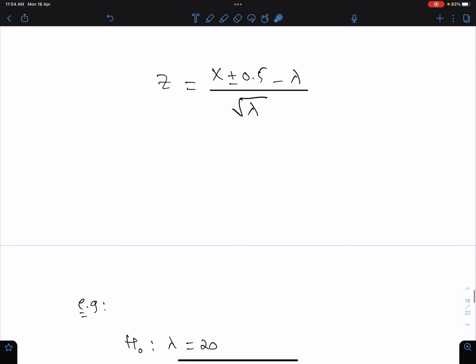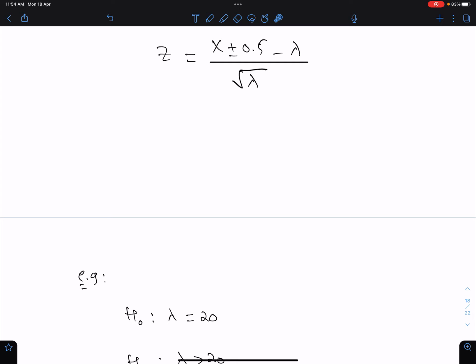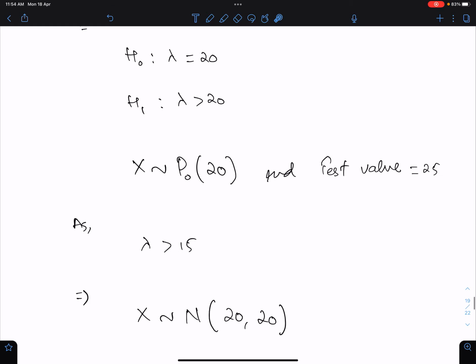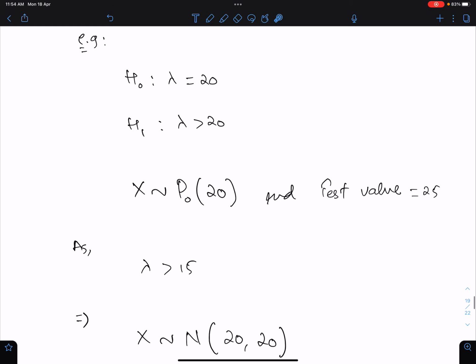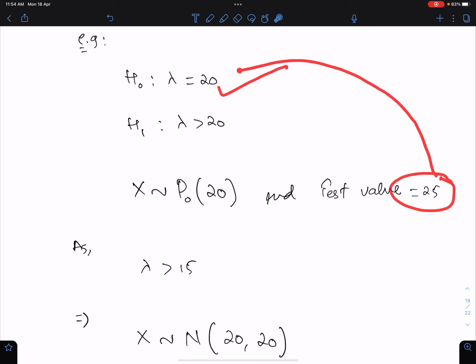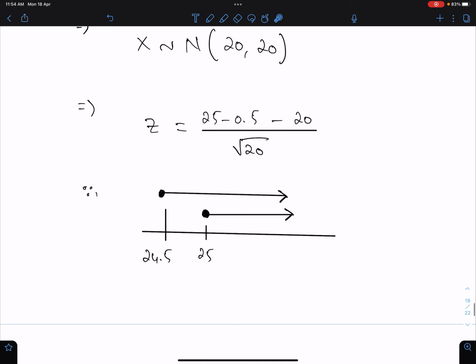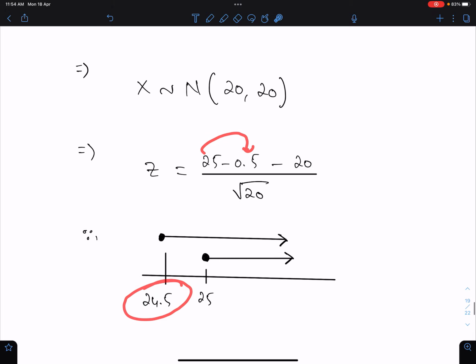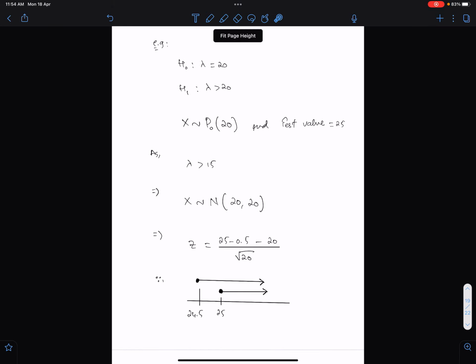And the rule is the same: if the test value is less than lambda, then take the upper bound, otherwise take the lower bound. Here lambda is 20 and the test value is 25. Since the test value is greater than lambda, take the lower bound, 24.5. So when the test value is greater than lambda, then take the lower bound.